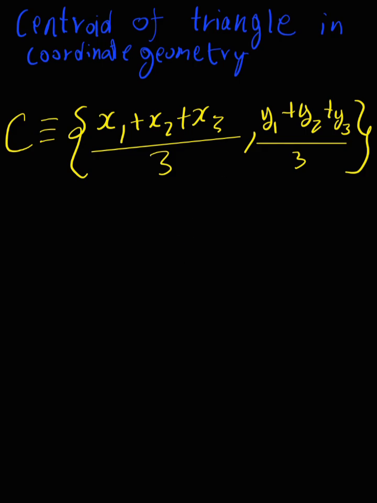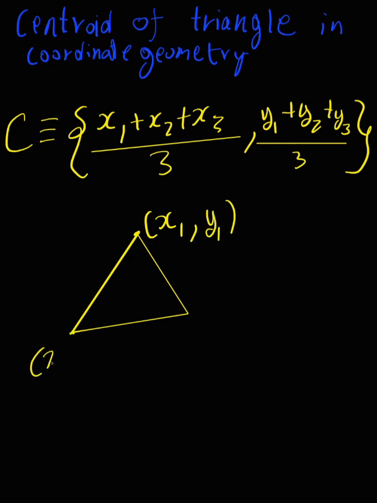Now, x1, x2, x3 are the vertices of the triangle. So if this was a triangle and this has some point x1 comma y1, this has some point x2 comma y2, this has some point x3 comma y3, all right. So these are known as the vertices.